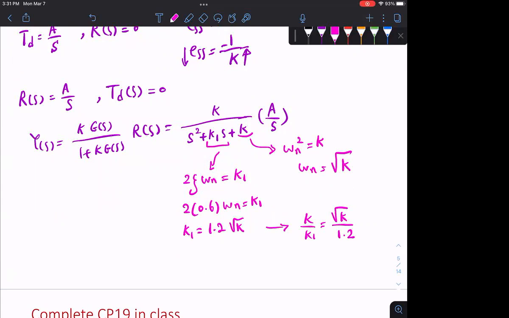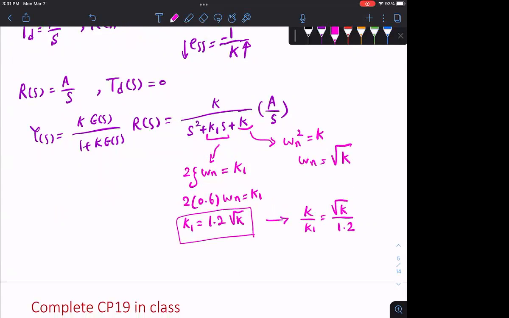So basically this is where you don't have to even do that one. So K could be a very large value, but K1 is dependent on K. So let's choose a large value, K equals 100. Then we find K1 based on that relationship. I think it will be 12 if you do that. So K to K1 becomes 8.33.